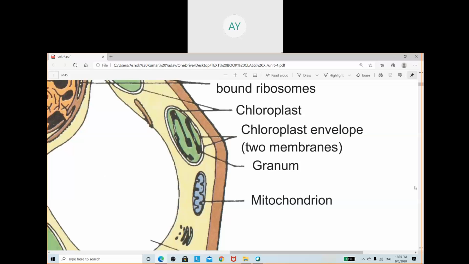That xylem is responsible for passing water and minerals from the soil to the root, up through the stem to the leaf. Through which structure does oxygen come out? Stomatal pores. Yes.